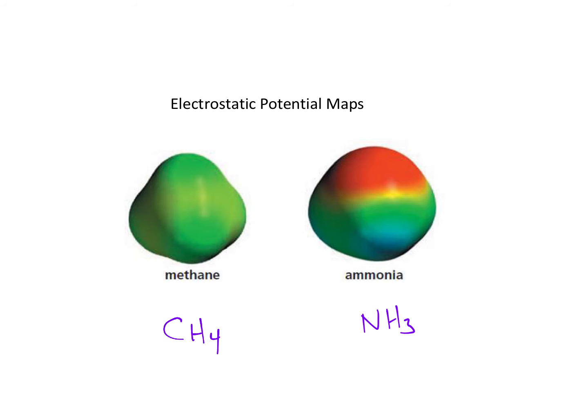The red represents a higher negative charge density, so more electrons, and the positive, lower density, is blue. And green, this green representation here in methane, says basically that the electrons are distributed evenly across that molecule. So again, methane has tetrahedral geometry.